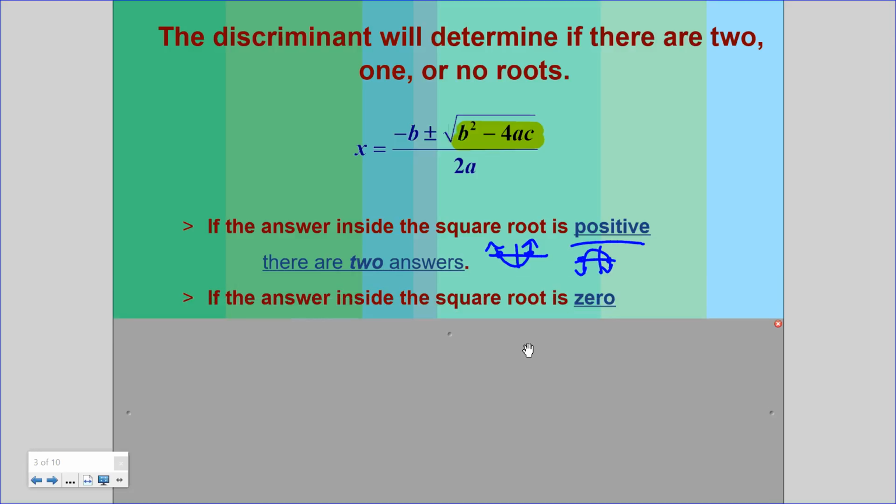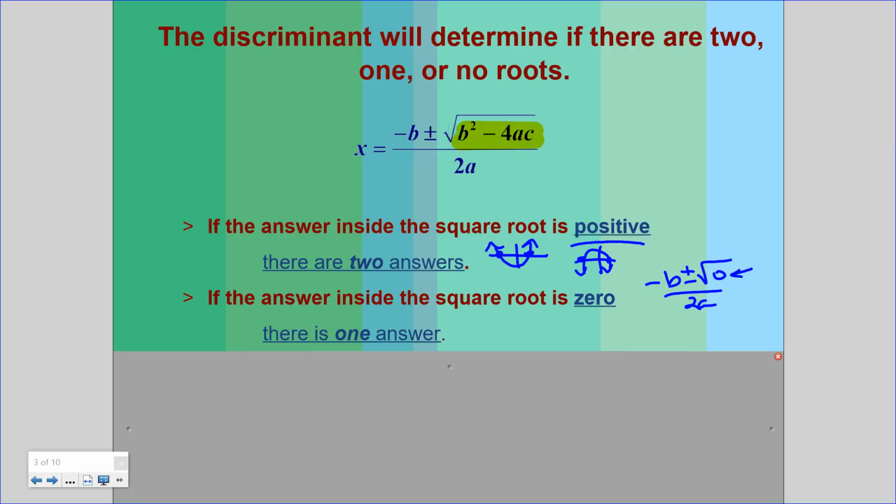If the answer to your discriminant is 0, meaning whatever simplifies under the radical is 0, then there's only one answer, one solution, one root. That's a scenario where your parabola is crossing the x-axis at its vertex, so the only time it hits your x-axis is just once.